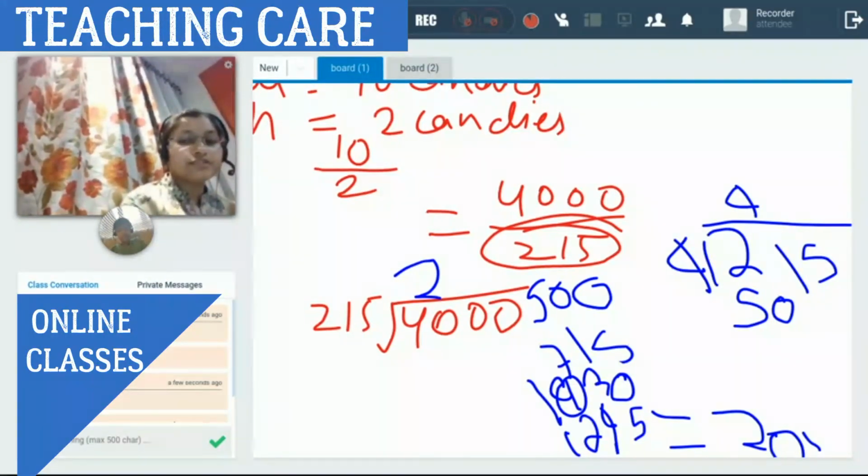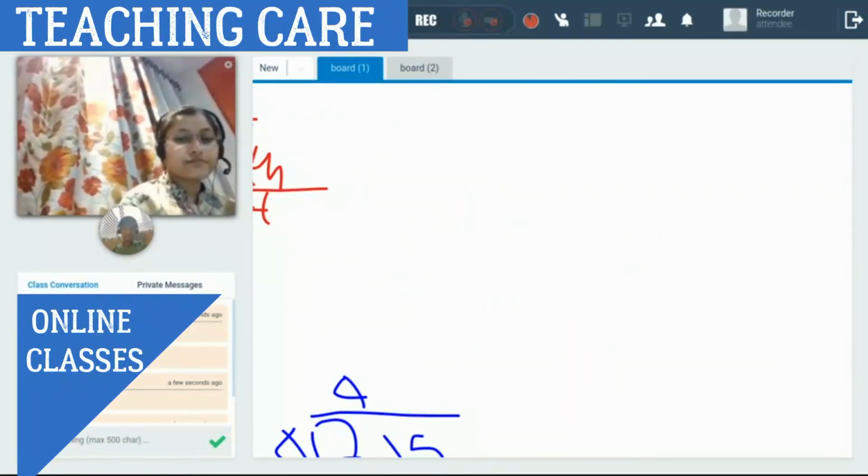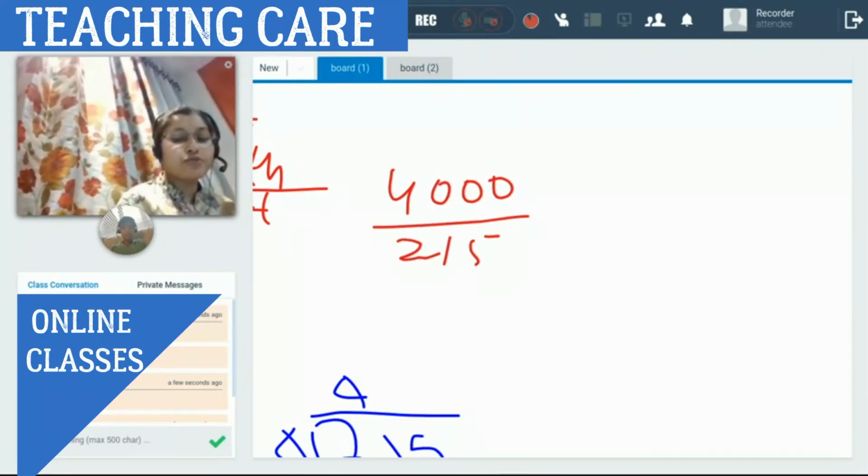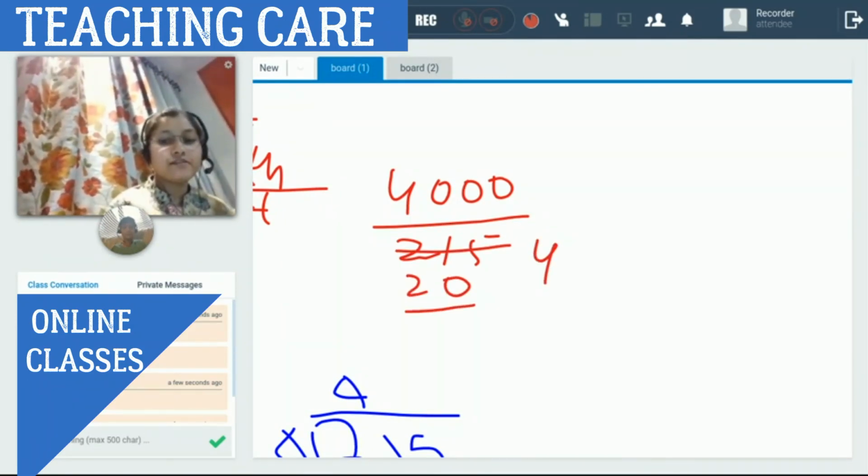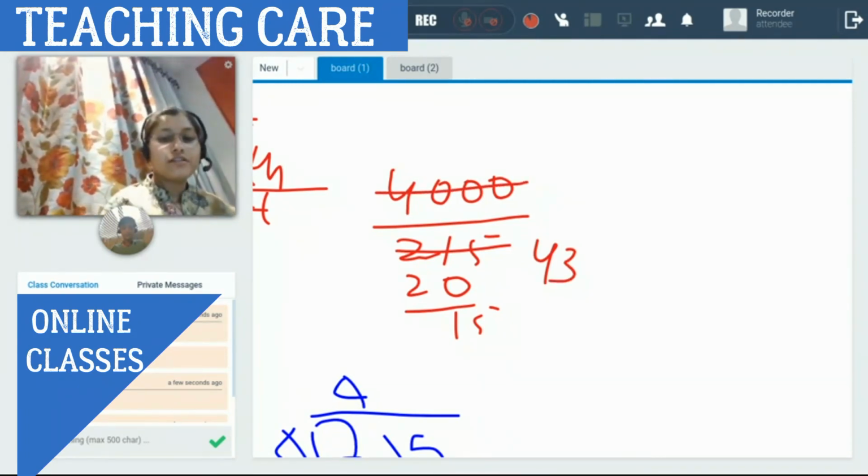Another easy way to solve this question. 4000 over 215. Both are multiples of 5. So 5 into 4, 20. 5, 3, 15. 5, 8, 40, 0, 0.